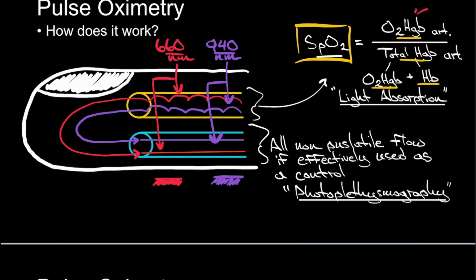So this is going to be your hemoglobin that absorbs the red light. Same with this. And then your unbound hemoglobin is going to be the hemoglobin that absorbs the infrared light that I've drawn in purple.